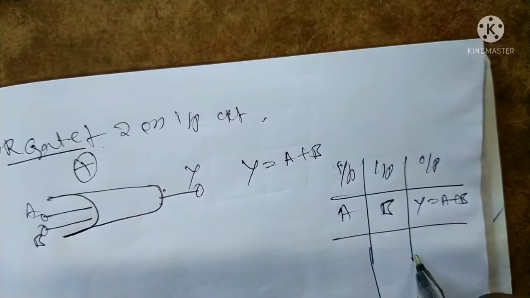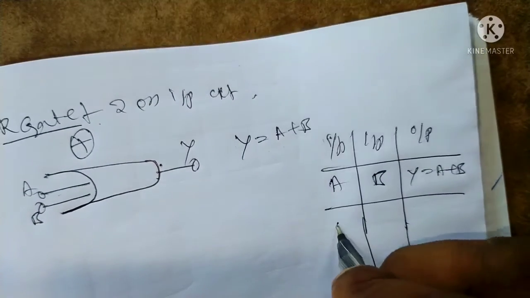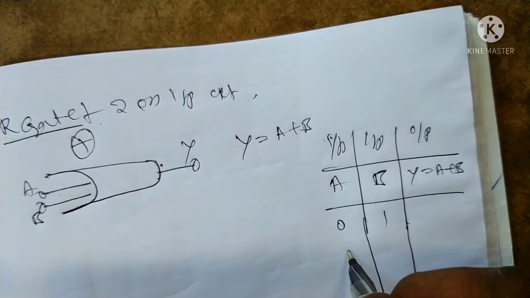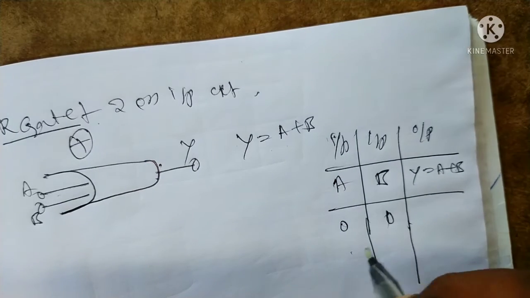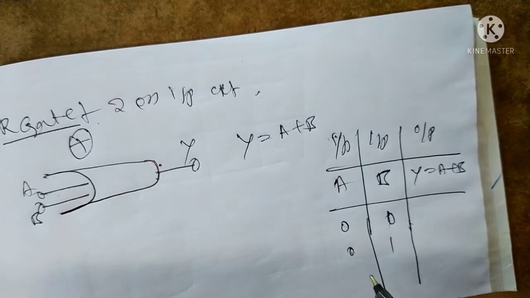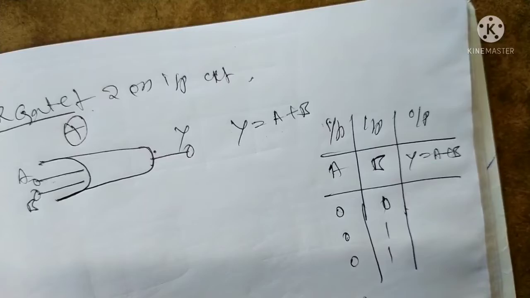We can take the input values. Starting with 0, 0, then 0, 1, then 1, 0, and 1, 1.